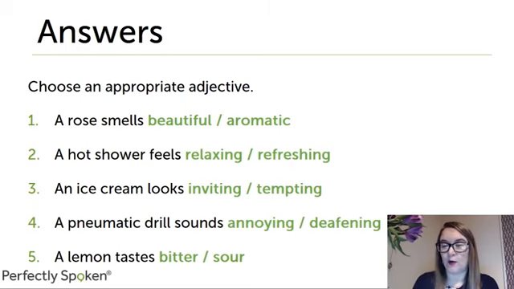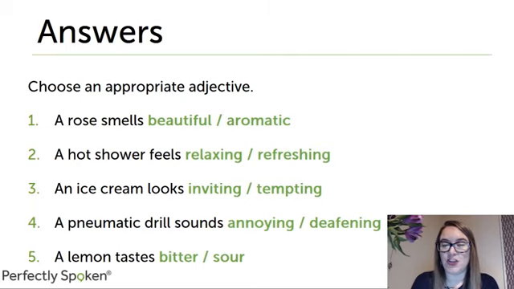A hot shower feels relaxing, refreshing. Again, it depends on your opinion and what your climate is, but perhaps you've got something different. Number 3, an ice cream looks inviting, tempting.